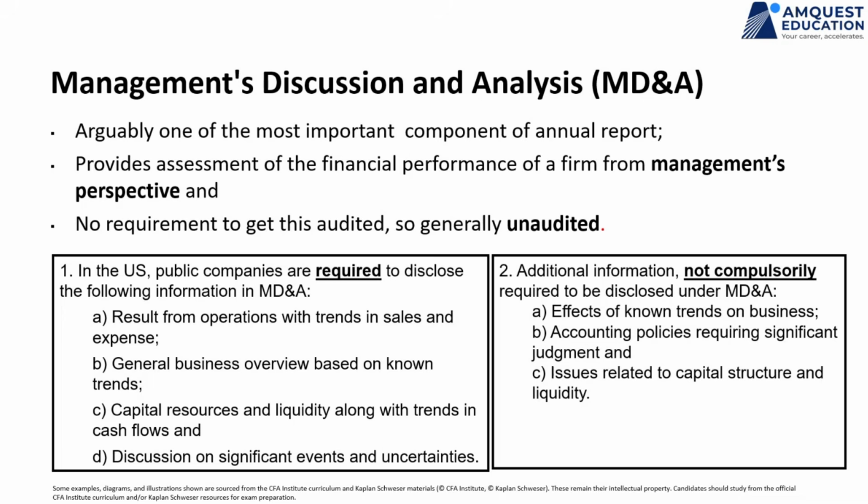You have to at least provide me these four inputs if you're going to talk about the management discussion and analysis section. Apart from this, everything else is optional. So this is, I think, an important piece of information. This is not compulsory to disclose under the MD&A section.